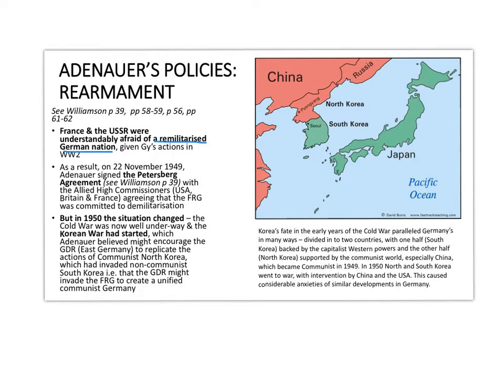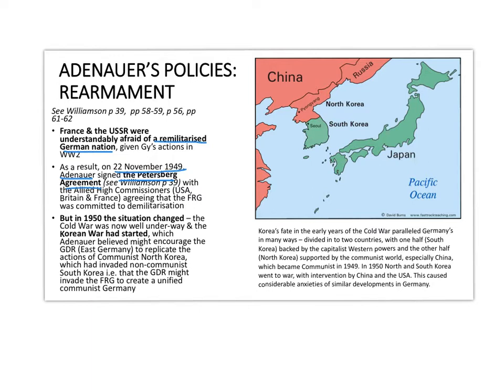And for that reason, in November 1949, one of the first things Adenauer did was sign the Petersburg Agreement, which you can read about in Williamson on page 39. West Germany signed it with the Allied High Commission, which was basically what was left of the Allied Control Council without the Soviet Union.